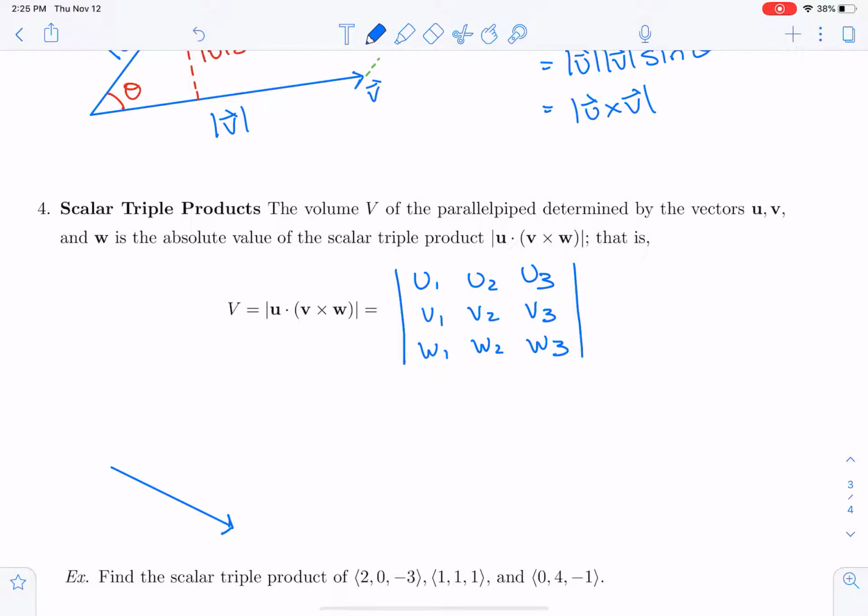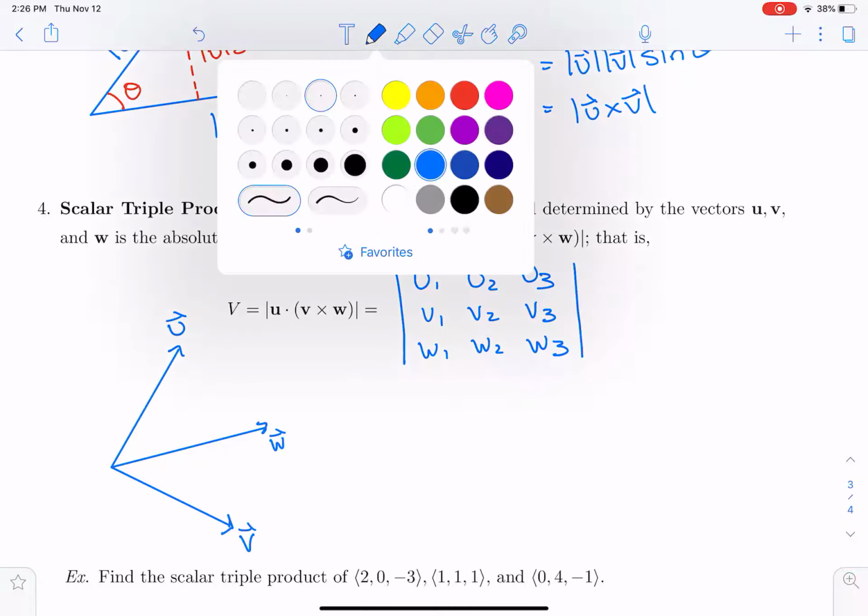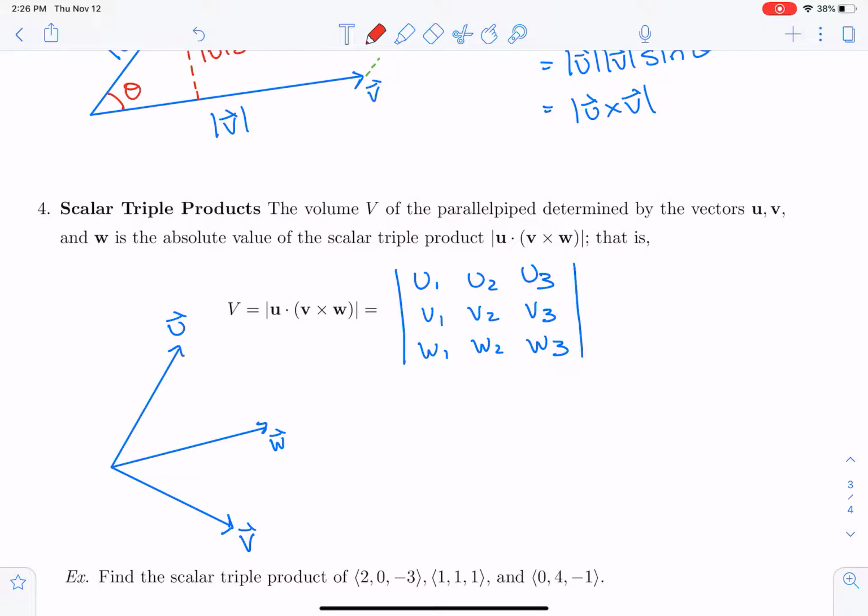I'm going to have my v vector, and then I'm going to have a w vector, and finally, I'm going to have my u vector. And what a parallelepiped is, if you took those 3 vectors and you made a 3-dimensional solid with those vectors.